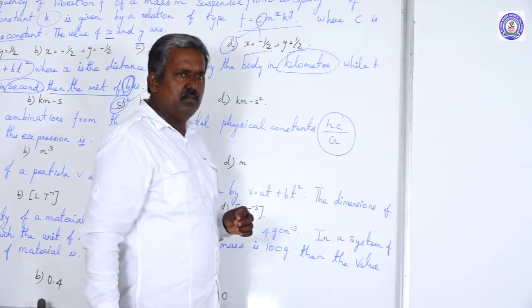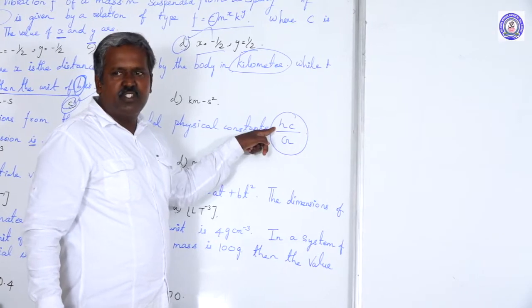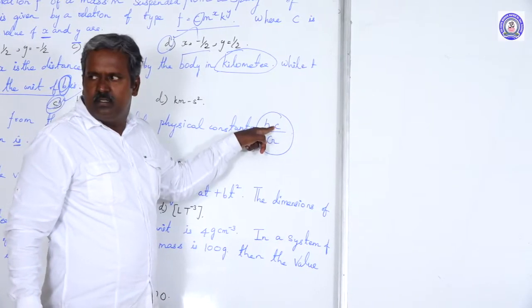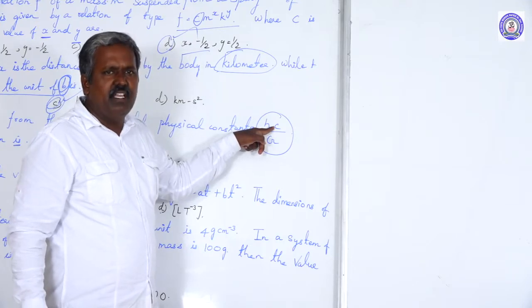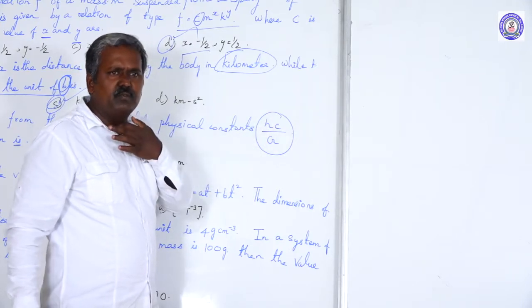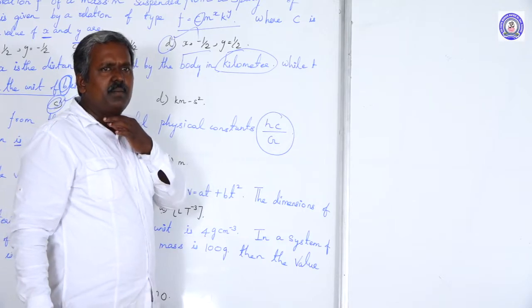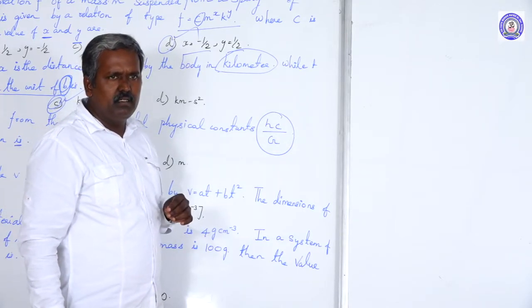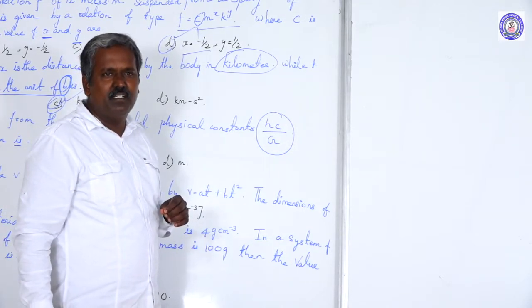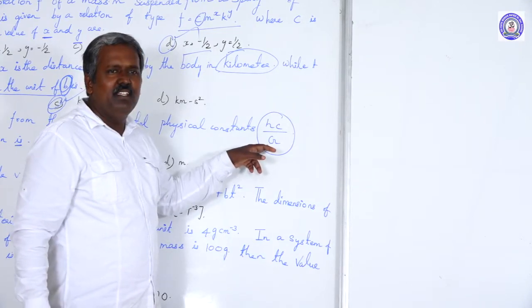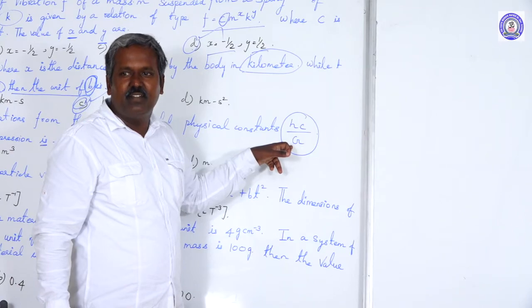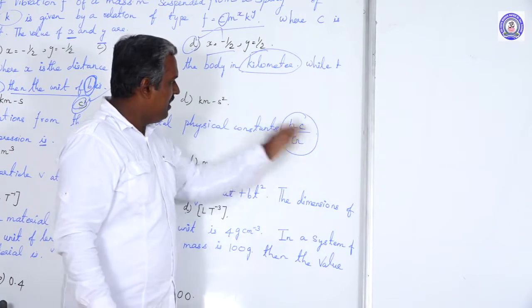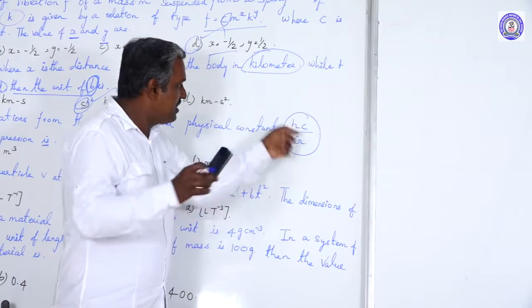All are constants, am I correct? h is Planck's constant. c is the velocity of light, constant in vacuum, 3 into 10 power 8 meter per second, not minus 8. G, universal gravitational constant, 6.6 into 10 power minus 11 something. Okay, all are constants. What will be the unit of this expression?